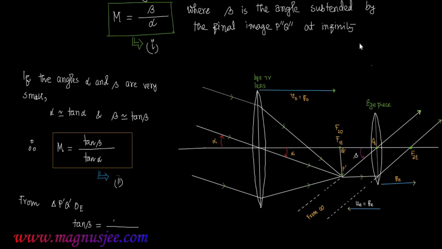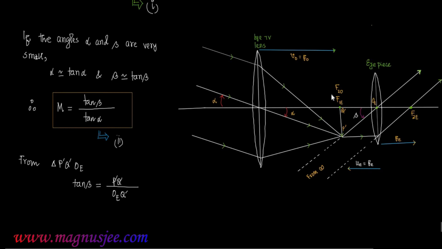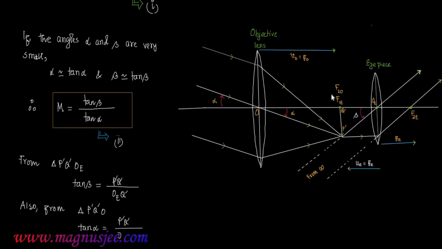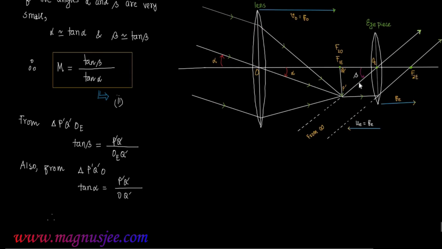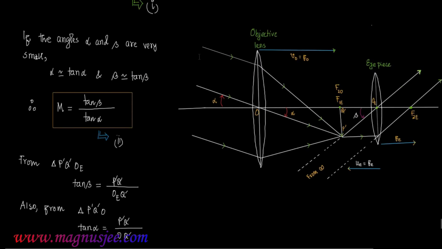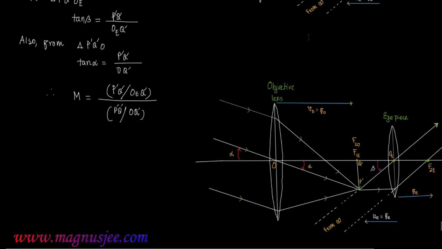From the triangle P prime Q prime OE, tan beta is equal to P prime Q prime divided by OE Q prime. Also, from the triangle P prime Q prime O, tan alpha is equal to P prime Q prime divided by O Q prime. Therefore, M equals P prime Q prime divided by OE Q prime, whole divided by P prime Q prime divided by O Q prime.